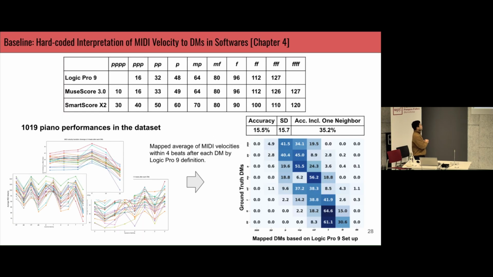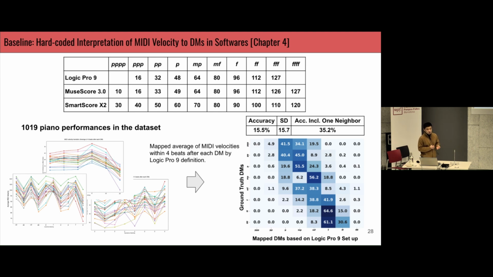Before showing the result, I'd like to go through the current baseline of the mapping. Software like Logic Pro 9 has its own definition between MIDI velocities and dynamics markings. So I mapped those 1K piano performances based on these definitions. However, the accuracy was kind of low.